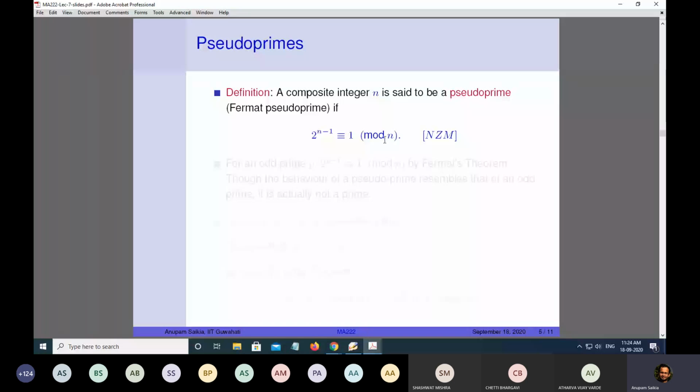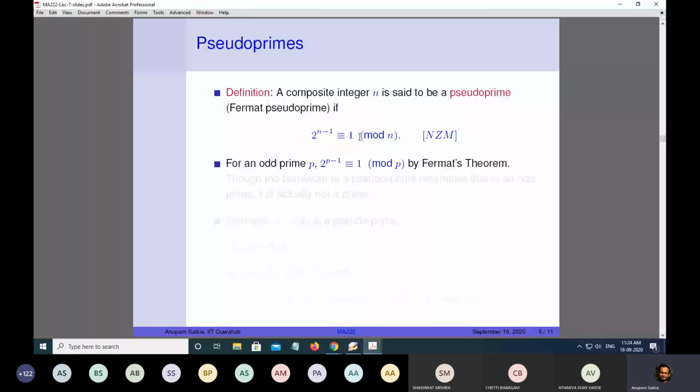That hope was there. So this is why we call it a pseudoprime, because had p been a prime, certainly this should be true. By Fermat's little theorem, if I have an odd prime p, this will be true. So certainly it is necessary for a prime number, but it is not sufficient.